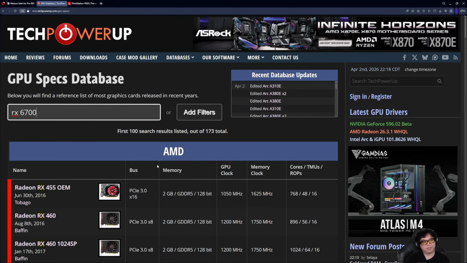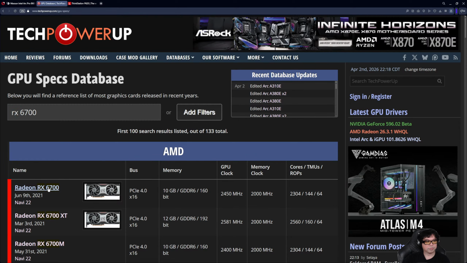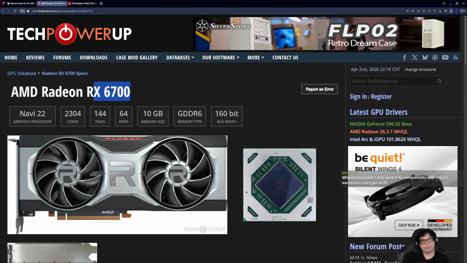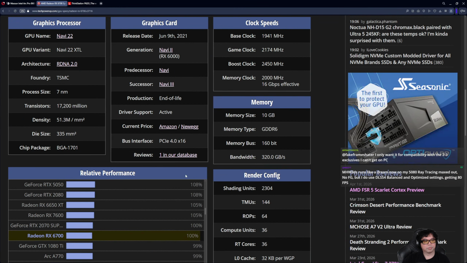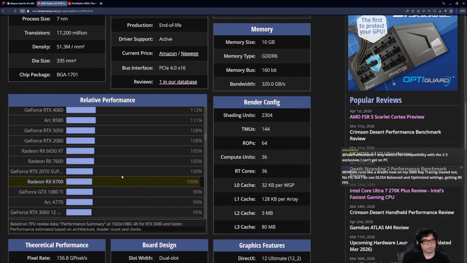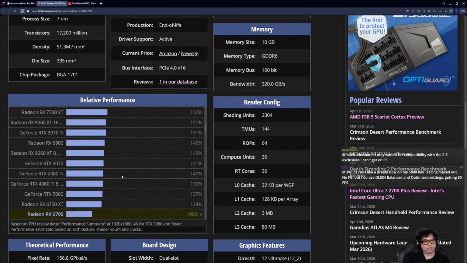RX 6700. This is PS5, right? Let me go up 40% or so. Yeah.